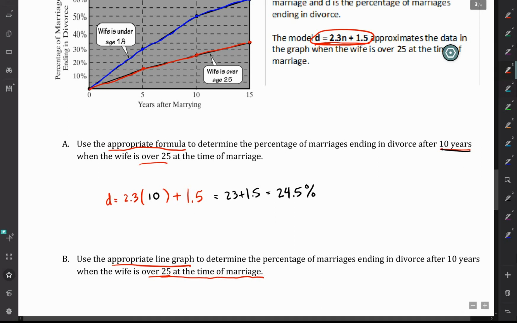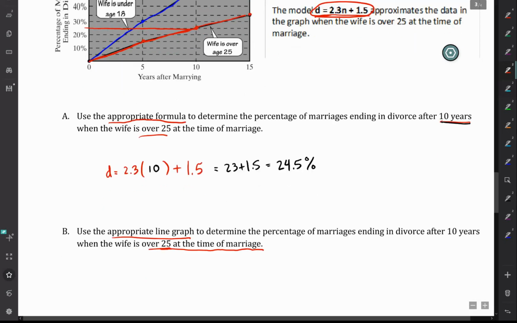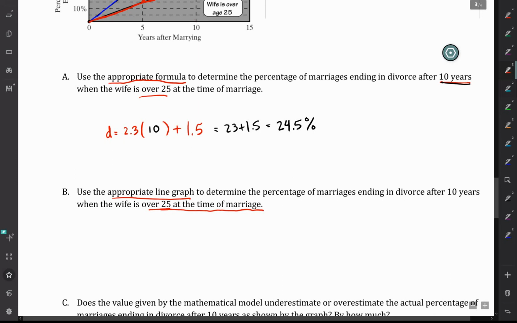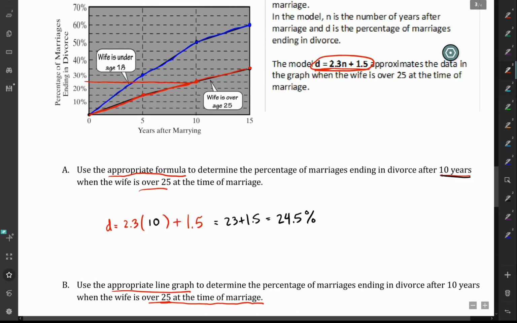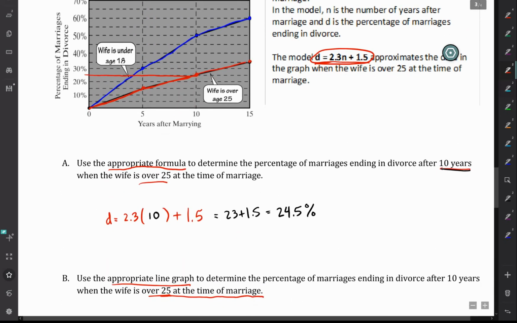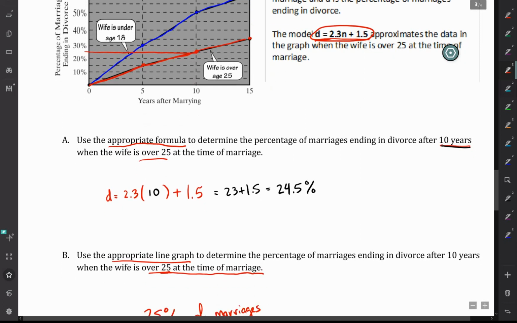So if you look at this red curve, and if you look at the year 10, that is corresponding to 25%, it looks like. So the estimation here would be that 25% of marriages end in divorce in this case, which is considerably better than the 50% if you are married at age 18.